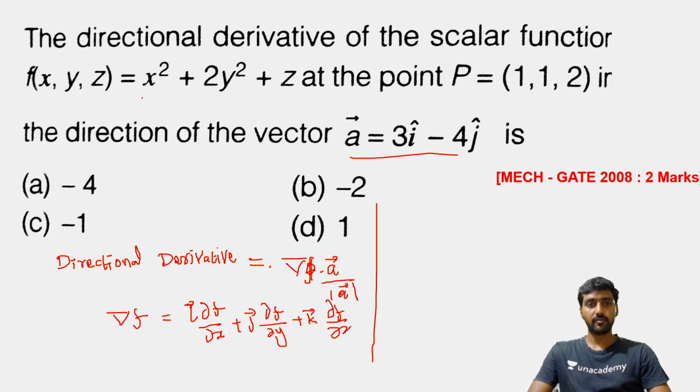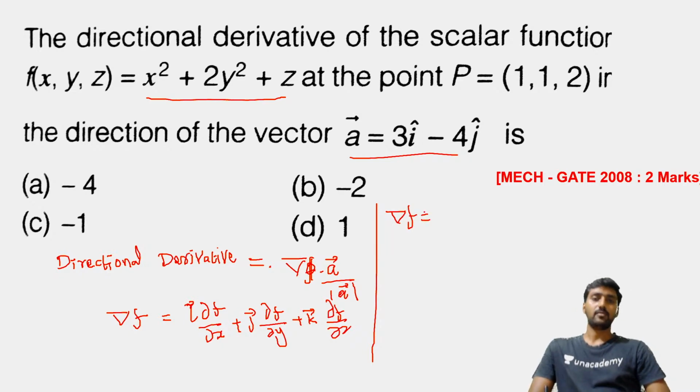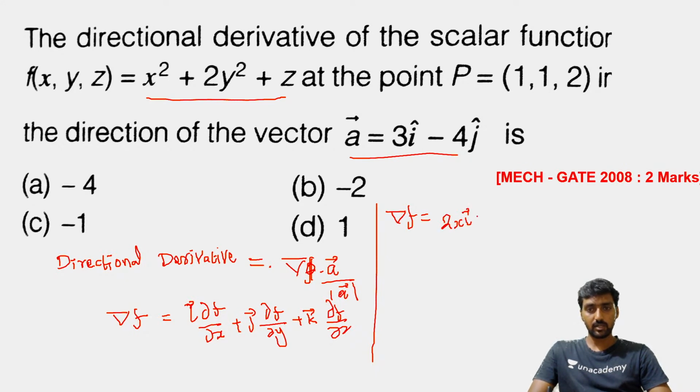Now, what will be the value? Del f is 2x I vector plus 4y j vector plus z k vector.